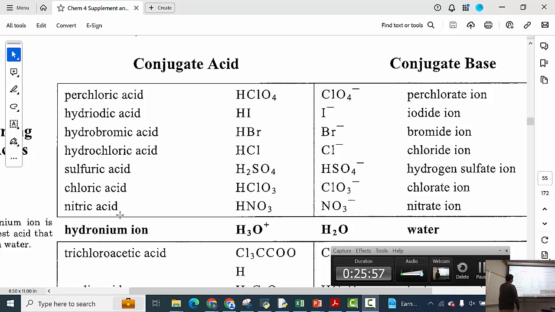We can name these acids. Can you name these acids without looking at the name here? So HClO4 is perchloric. What's HI? Hydro... acid. Hydro what?